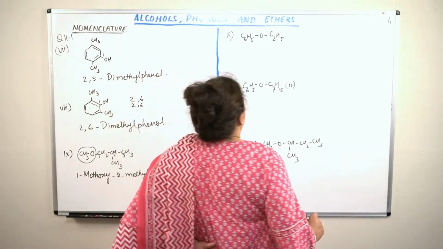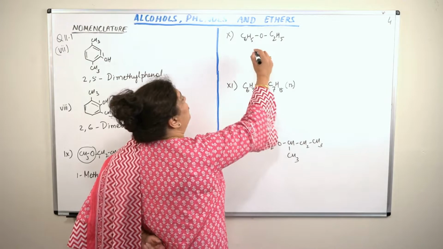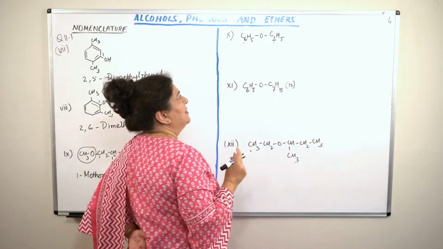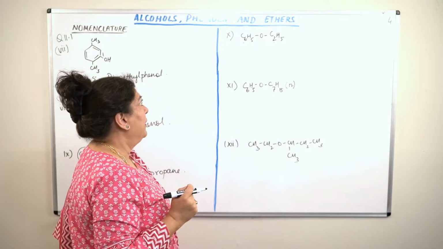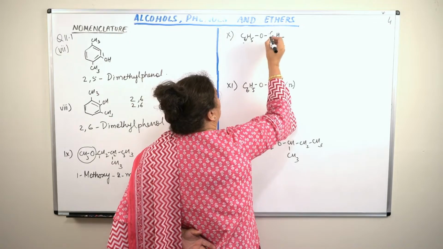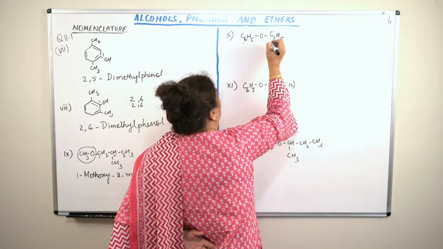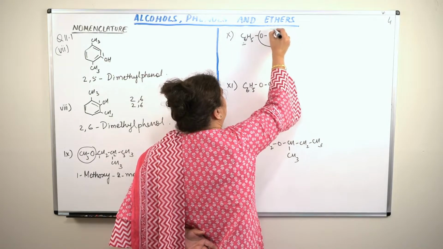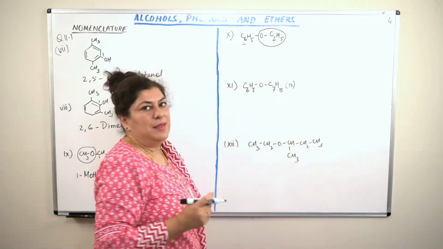Next compound, C6H5O C2H5. Now this has only 2 carbons, this has 6 carbons, this is the benzene ring. Alright, so ethoxy, since this has lower number of carbon atoms, this is the parent, and this is the ethoxy, the substituent.